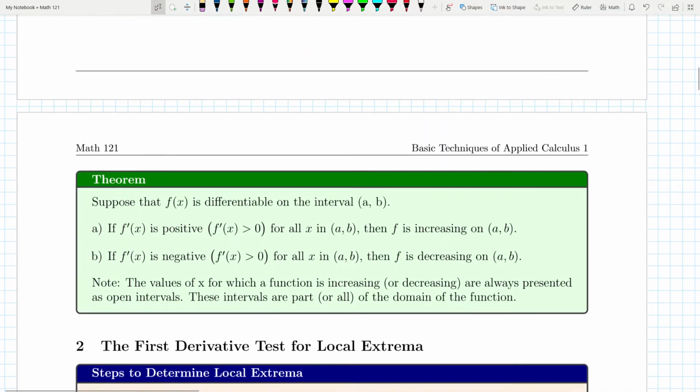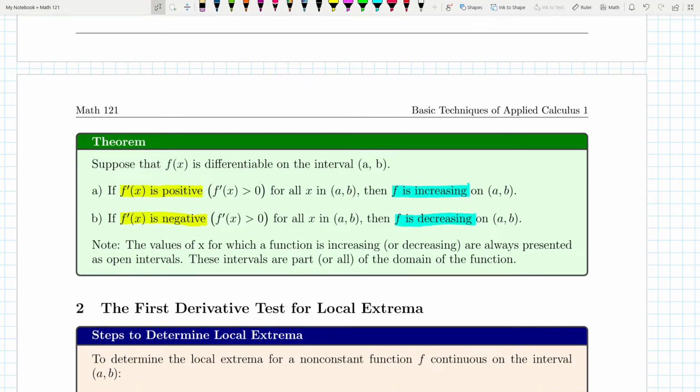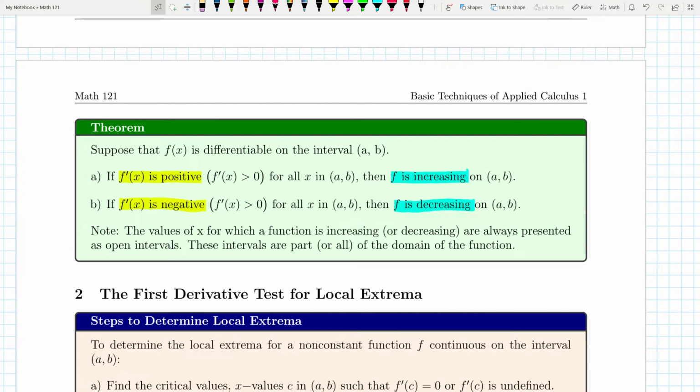If f prime of x is positive, then f is increasing. But if f prime is negative, that is, the derivative is negative, then f is decreasing. In this case, the values of x for which the function is increasing or decreasing will always be represented as open intervals, for the issue that we just mentioned, not closed intervals.